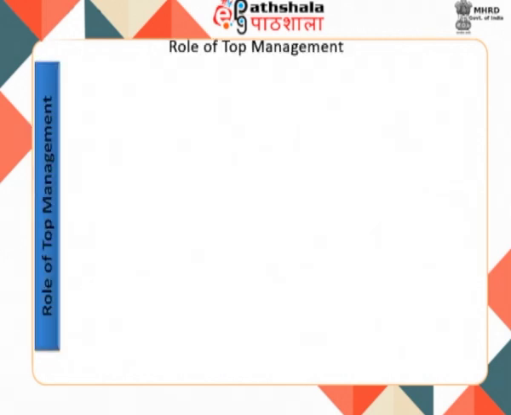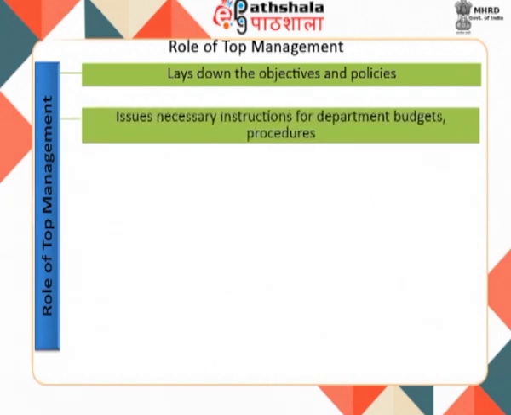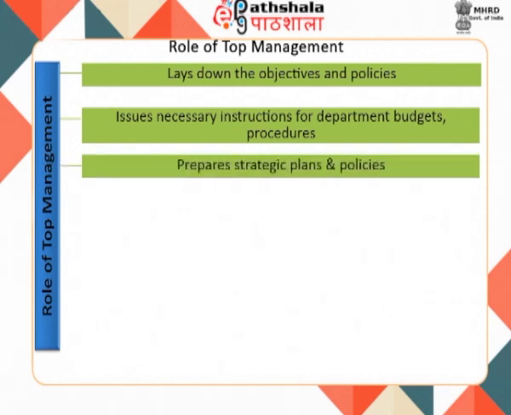The role of top management can be summarized as: the top level management lays down the objectives and broad policies of the enterprise. They issue necessary instructions for preparation of department budgets, procedures, schedules, etc. They prepare strategic plans and policies for the enterprise.